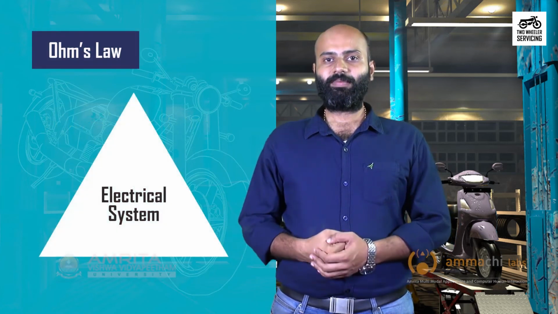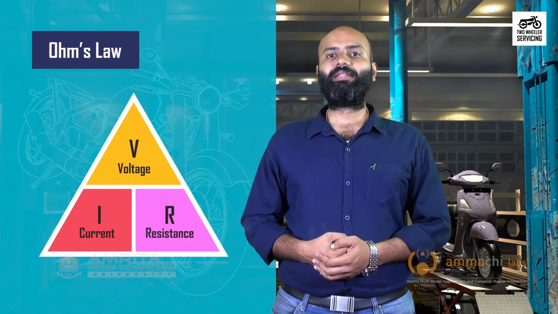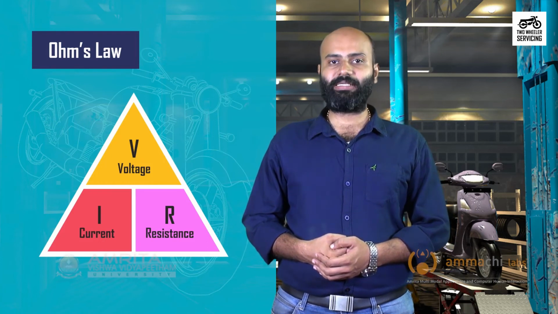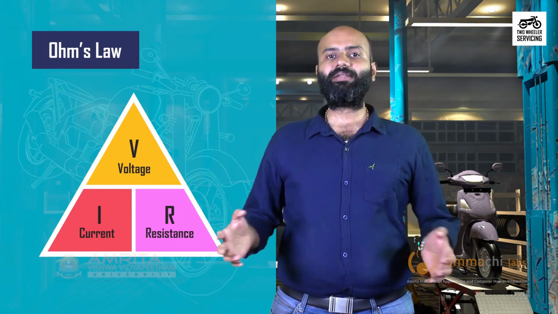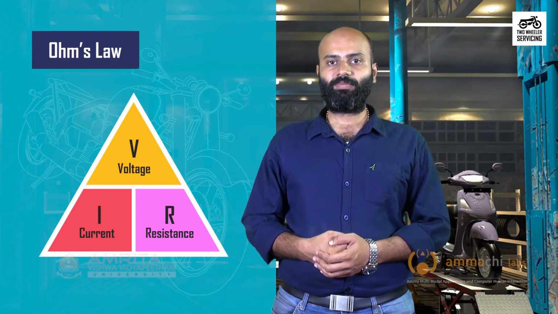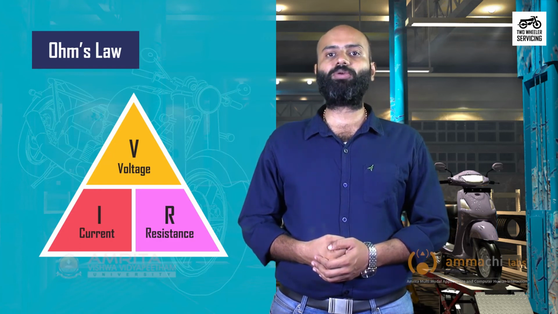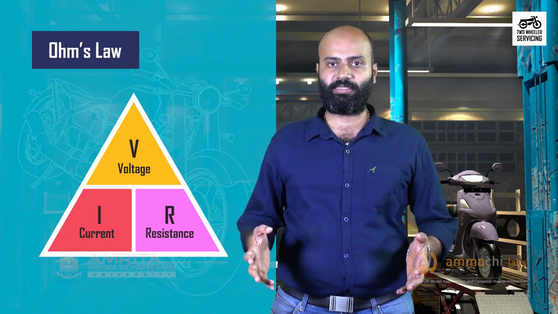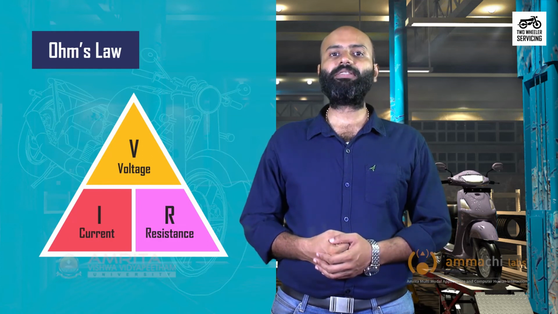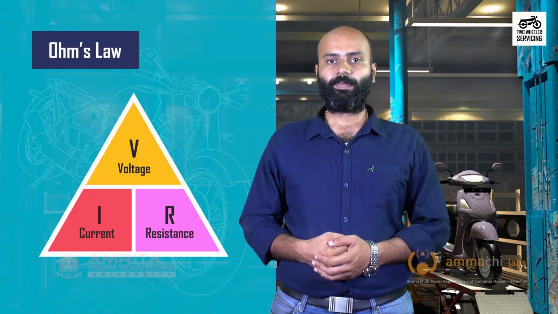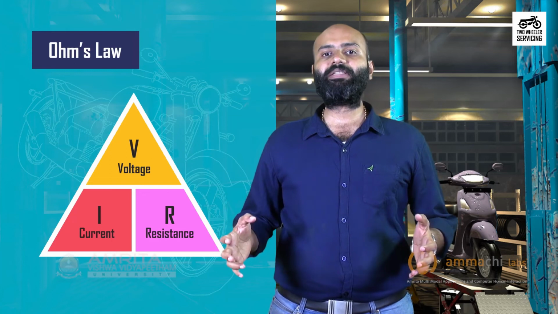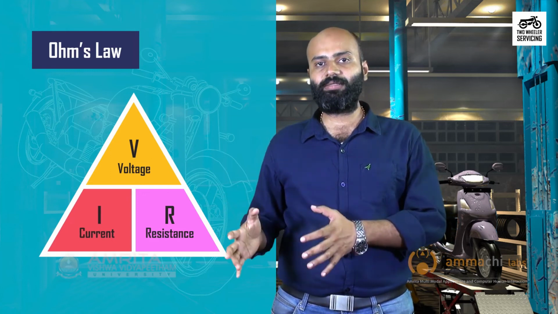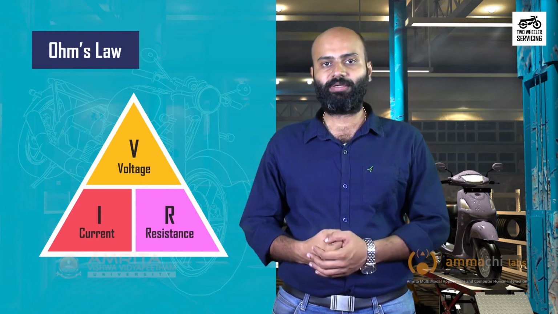Ohm's law. In an electrical system, the current, voltage and the resistance are interdependent. When testing and troubleshooting an electrical system, often it is required to measure voltage, current and resistance. We can find this with the help of Ohm's law. Ohm's law represents the relationship between electric current, resistance and voltage.